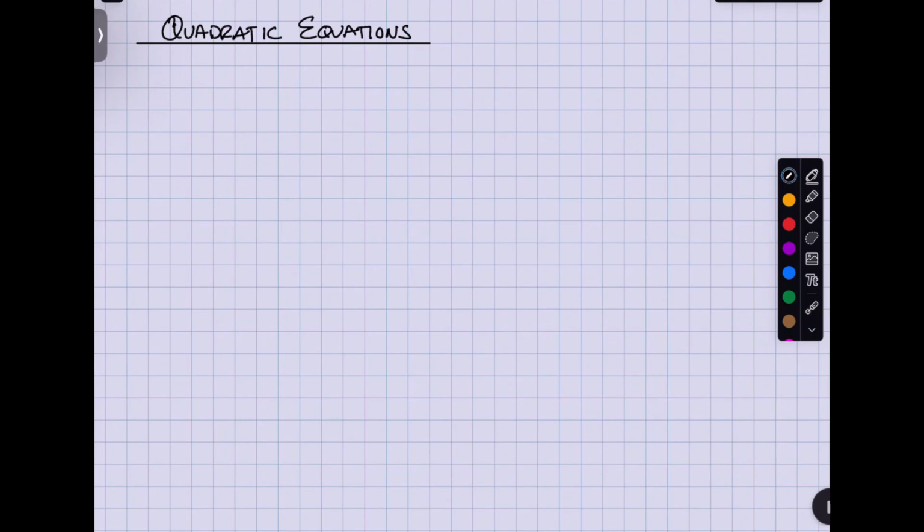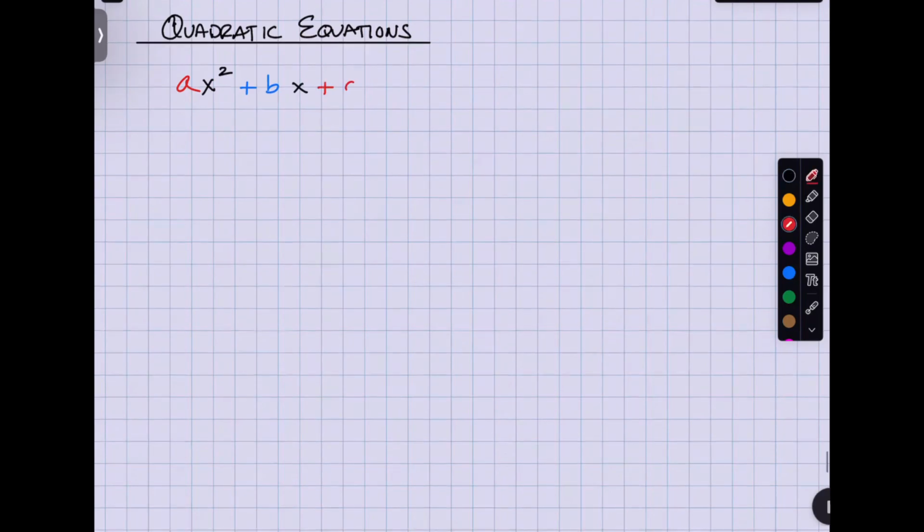Okay, so quadratic equation. Am I correct by saying that you guys saw this written at some point? Is this in your notes somewhere? The only difference between what we've learned so far and this is this.